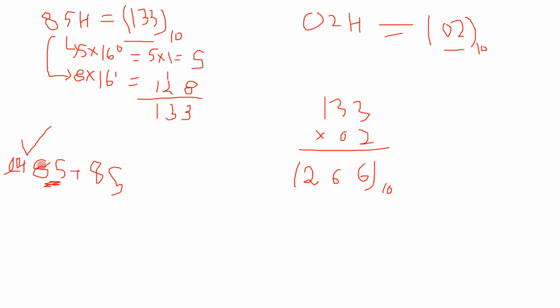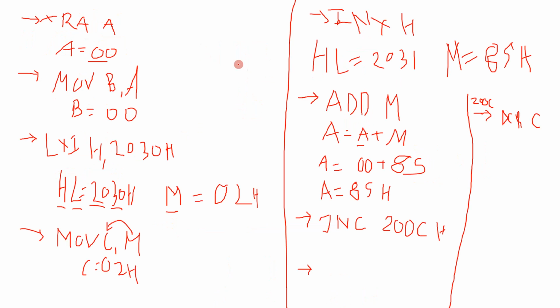We have successfully added 85 for the first time. Because we wanted to add 85 two times, we had made the contents of C register 02. Now for the first time we have added the 85. So we will decrement C. C was how much? 02. It will decrement and it will become 01.